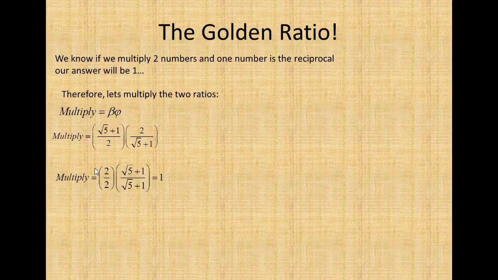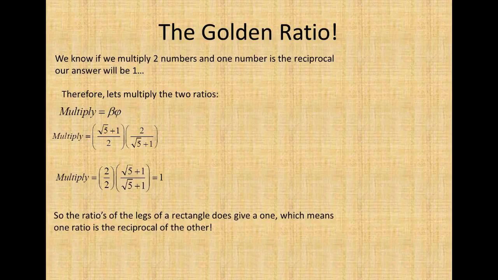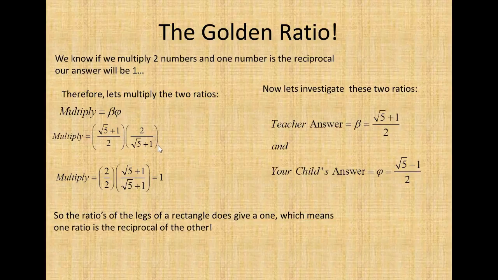And when we multiply these together, we see that they cancel each other, and we get 1. So the ratios of the legs of the rectangle do give a 1, which means one ratio is the reciprocal of the other. Now let's investigate these two ratios. The teacher's answer is beta, equal to square root of 5 plus 1 divided by 2.